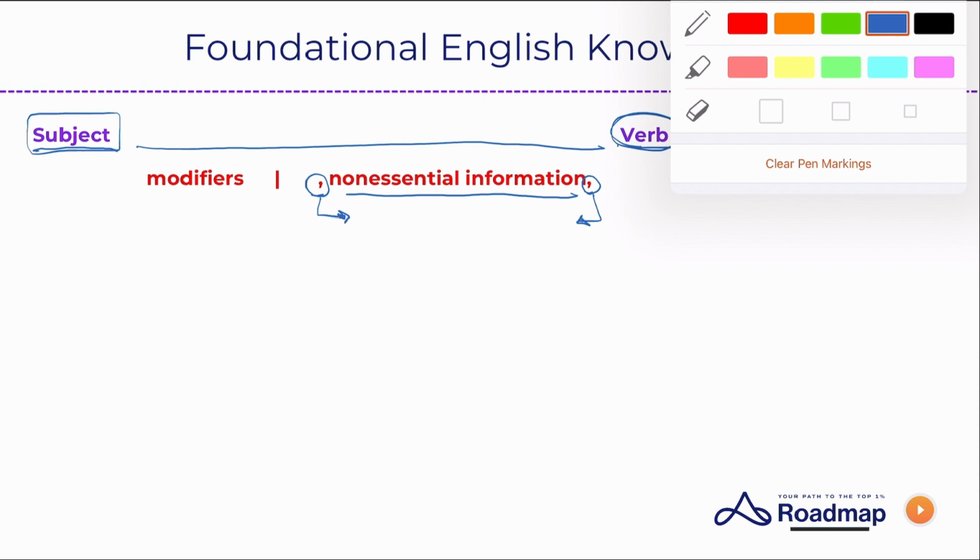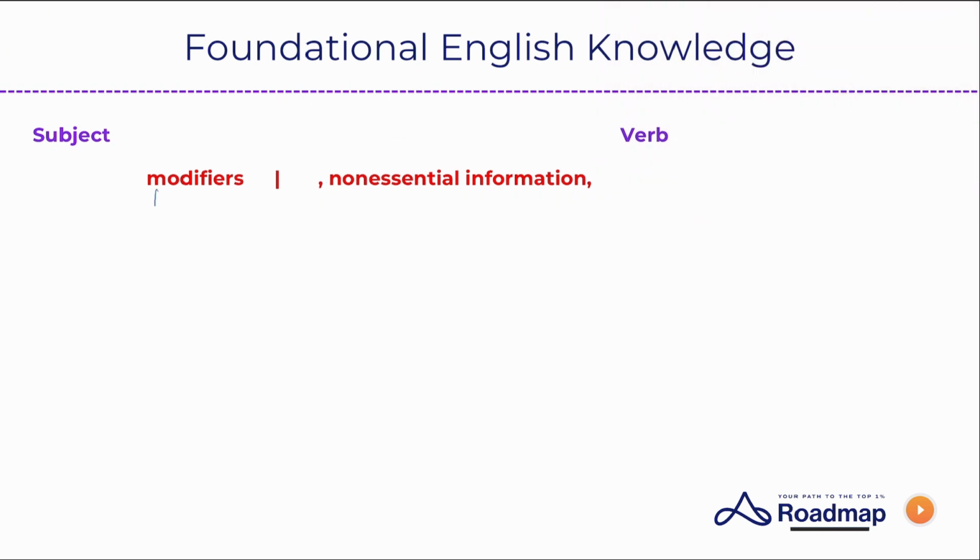The thing with these terms, like modifiers and non-essential information, is you just want to think about them as extra information, additional information stuff. The purpose of modifiers and non-essential information is just to add more specificity. It adds more details to what's being talked about in the sentence. Now, there are certain types of modifiers that you want to be aware of.